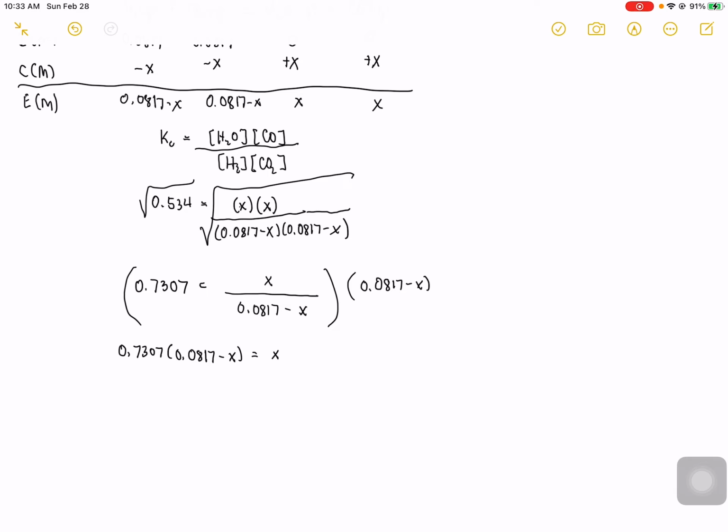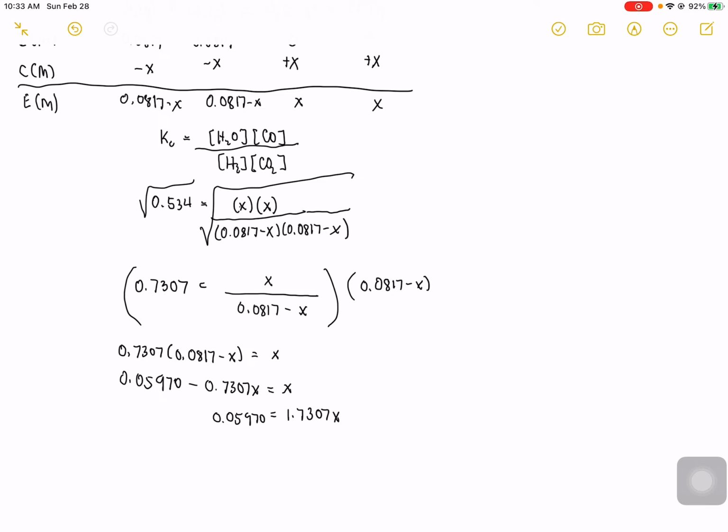Distributing 0.7307, we get 0.05970 minus 0.7307 X equal to X. And combining like terms to one side, we're left with 0.05970 equal to 1.7307 X. Now finally, we are now able to solve for our X here.